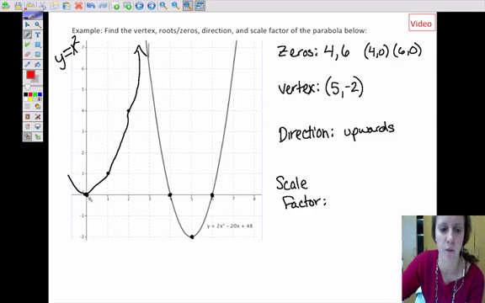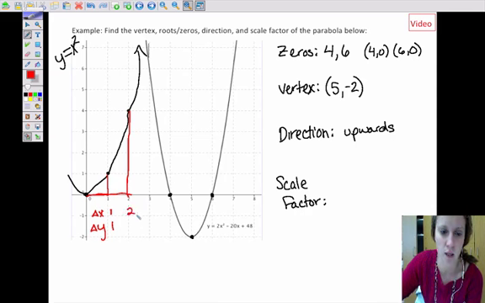So if I look at a change as I go over 1 on the x, on my parent function I also go up 1. So a change in x of 1 resulted in a change of y of 1. Okay? If I go over 2 from my vertex, then it looks like I go up 4 because 2 squared is 4.